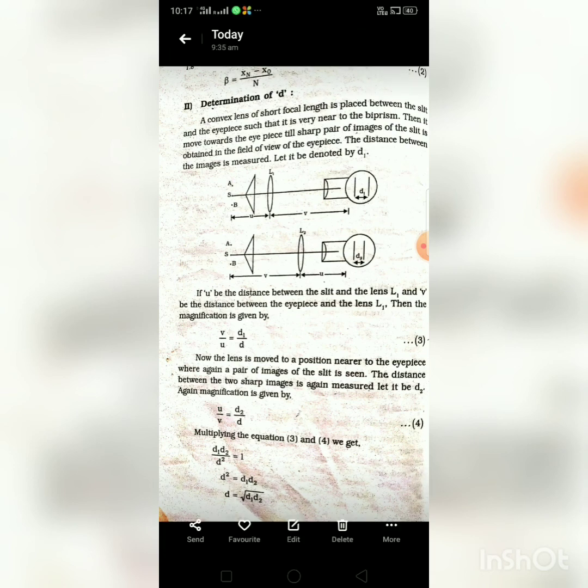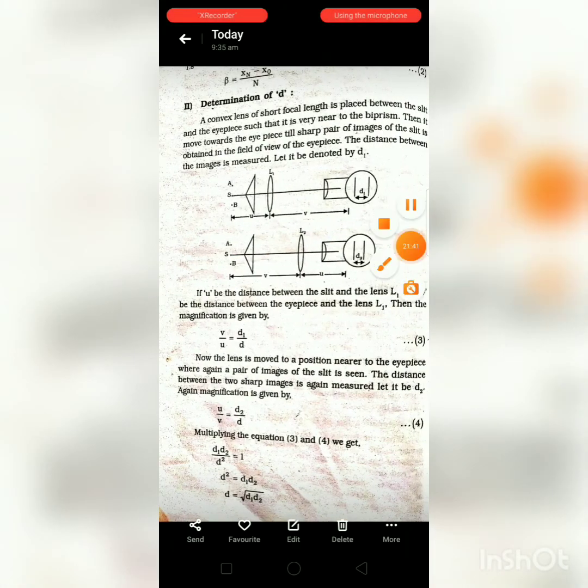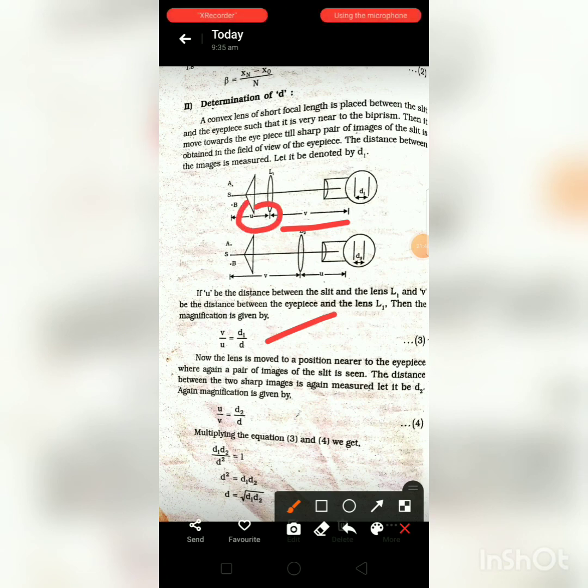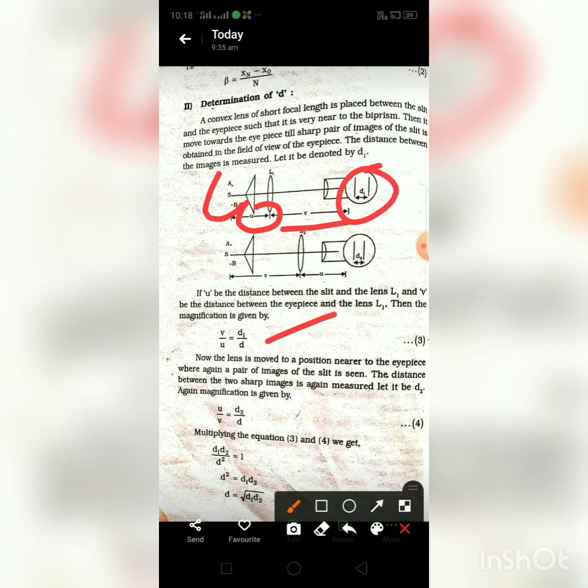So v divided by u is equal to the image size d1 divided by the object size d. All of you know linear magnification and angular magnification.